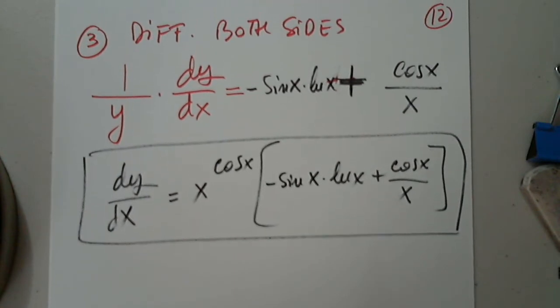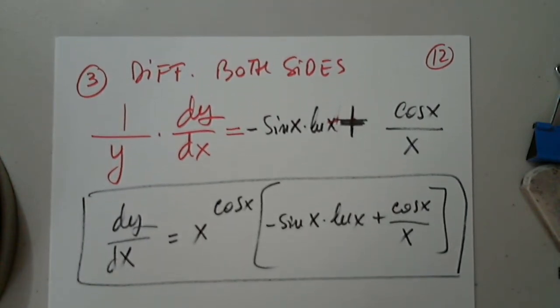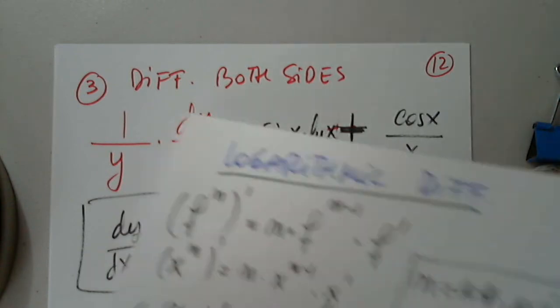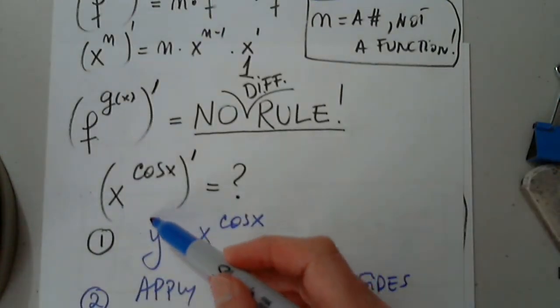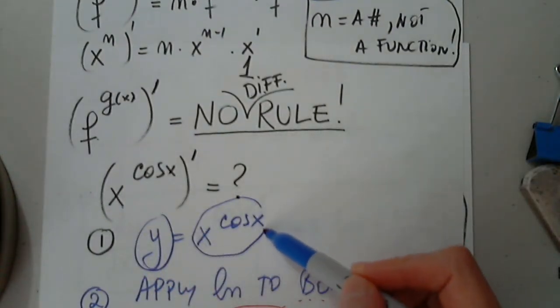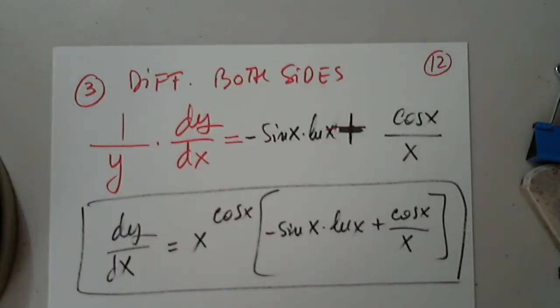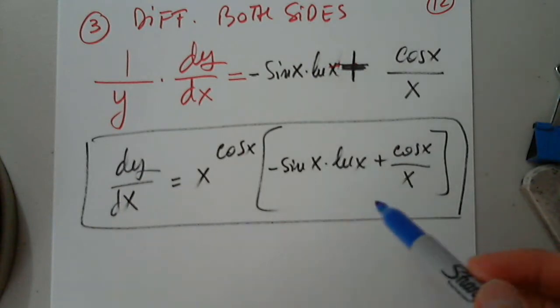Why do we change 1 over y to x raised to the cos x? Was y like just a placeholder, or why did we do that? But if I use this or I use this, does it make any difference? Oh, I see. Okay, thank you. But I don't want to use this because I don't really want to have two different situations here.